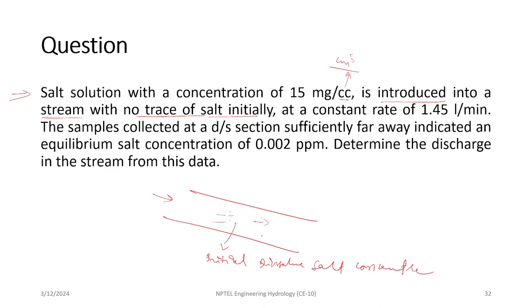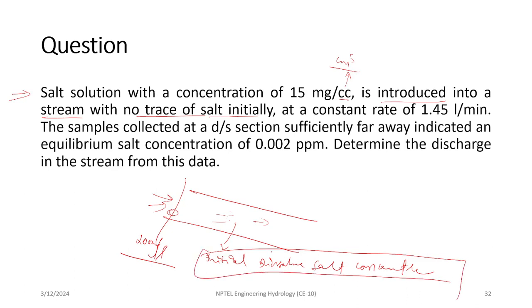Otherwise we get some disturbed value, because if I am giving 20 milligram per liter of salt solution here, and I don't have idea of dissolved salt concentration, then how could I say that whatever concentration I am getting at the downstream section is accurate?